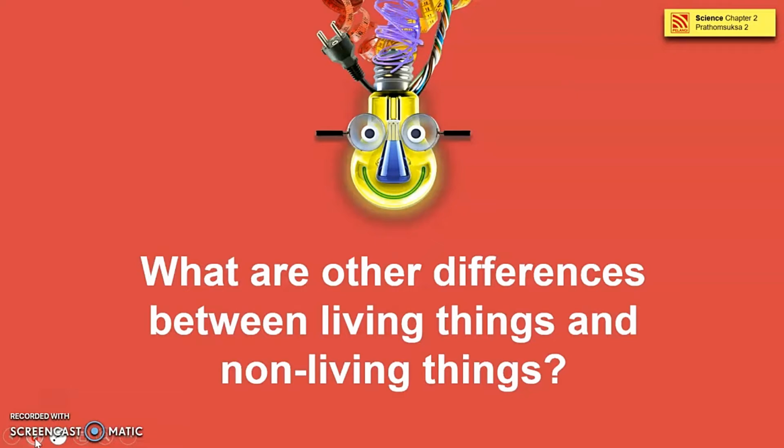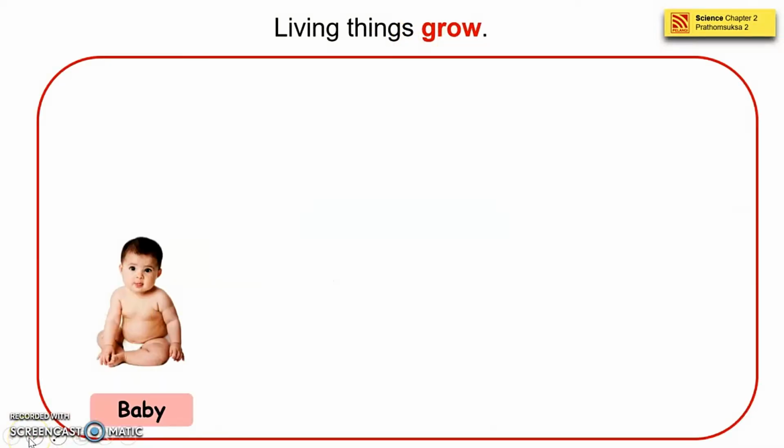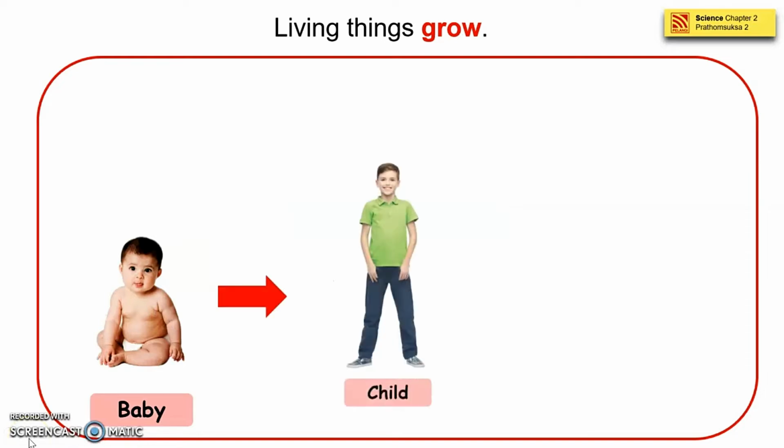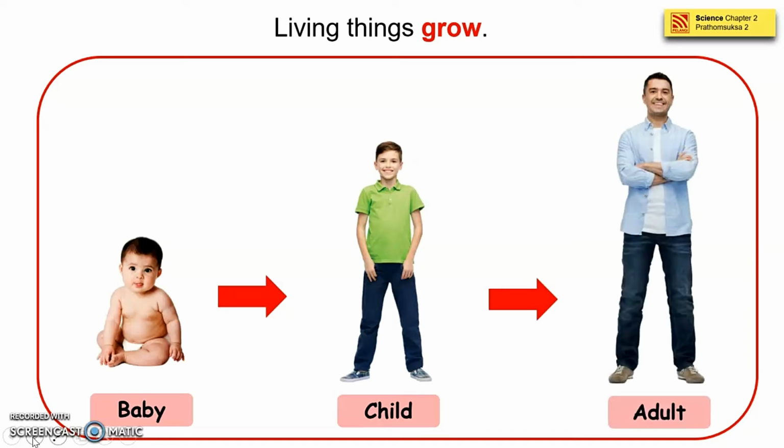What are the differences between living things and non-living things? Living things grow, of course, like a baby to a child like you, and then it will become an adult.